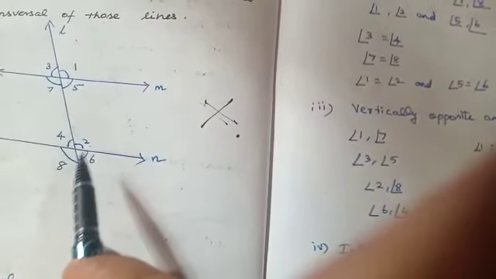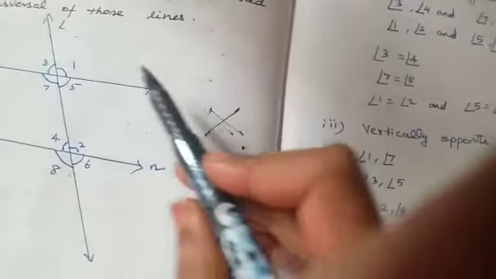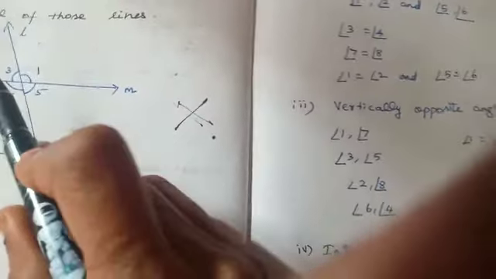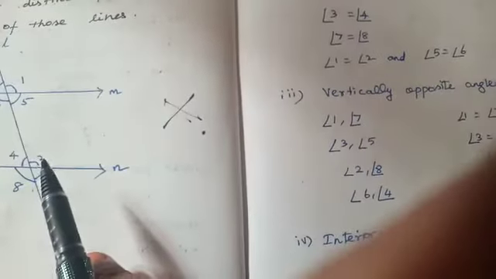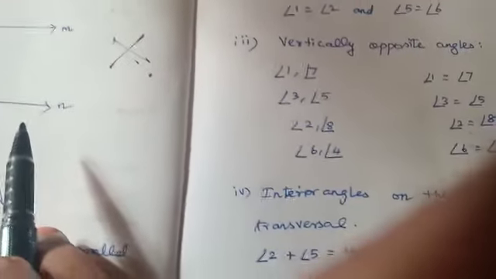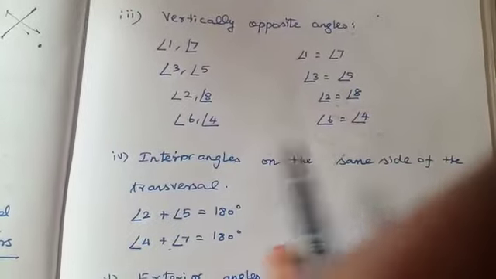So vertically opposite angles are equal. So angle 1 is equal to angle 7, angle 5 is equal to angle 3, angle 2 is equal to angle 8, angle 4 is equal to angle 6. These are the vertically opposite angles.